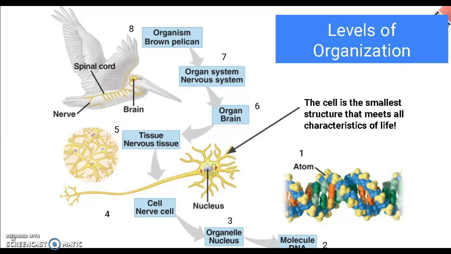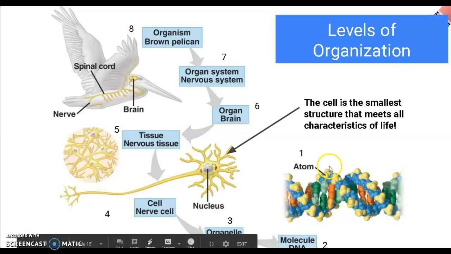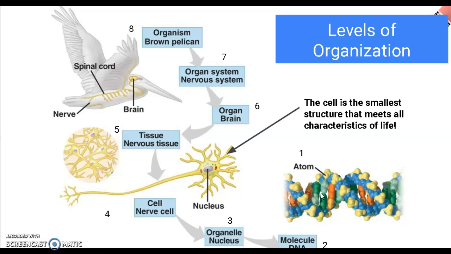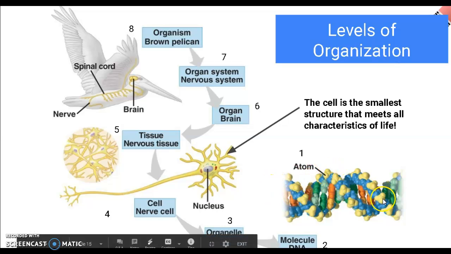The smallest unit of matter is the atom. And if you want to get super complicated, you can talk about the different parts of the atom that come together in order to create that small atom. But this is just one single atom that's put in here. If you take a bunch of atoms together, you get a molecule. For example, this whole thing here is a molecule of DNA.